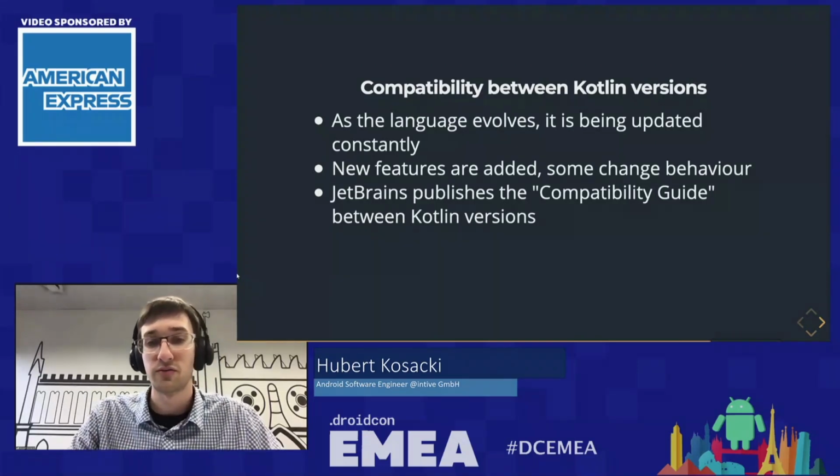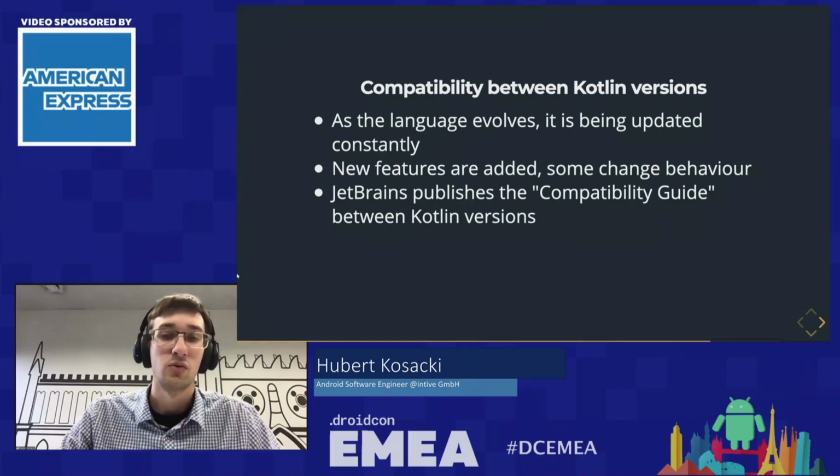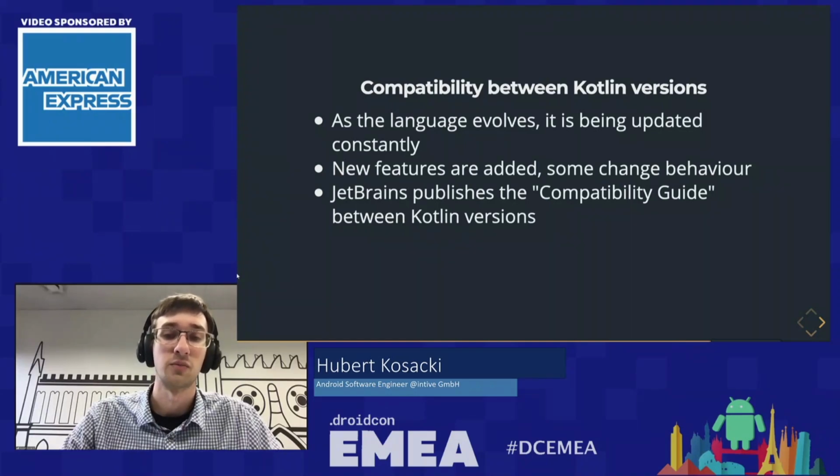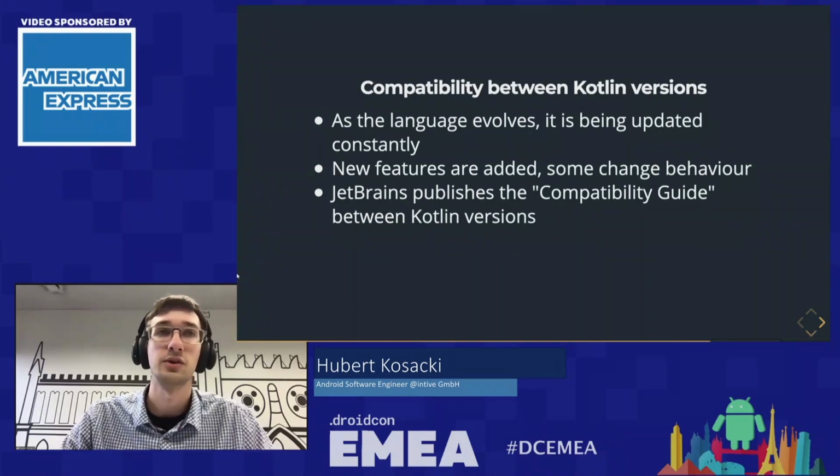But in terms of using the programming language, we can distinguish between three kinds of backwards incompatibility. The first one is the source incompatibility that prevents us from compiling the code when switching the version. The binary incompatibility: these are the errors that occur at runtime during linking. And the third kind of incompatibility is the behavioral incompatibility.